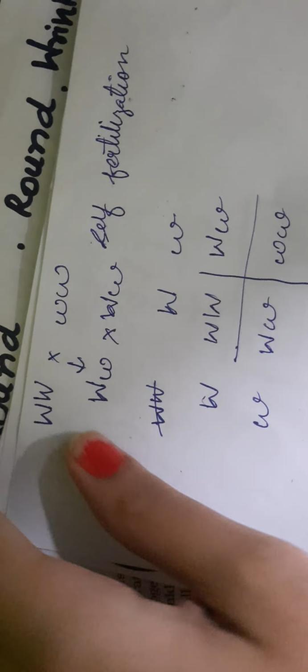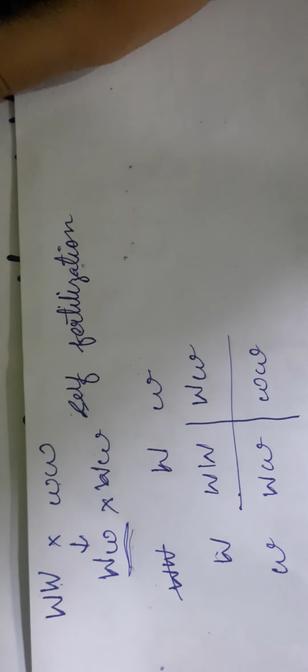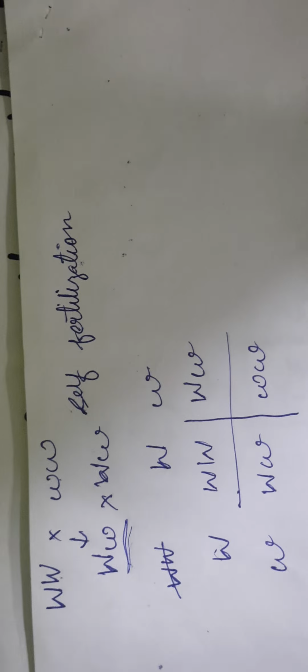I have explained the same concept over here. Here capital W indicates purple color and small w indicates white color. So when these two are taken, this is the probable genotype which the progeny will have.